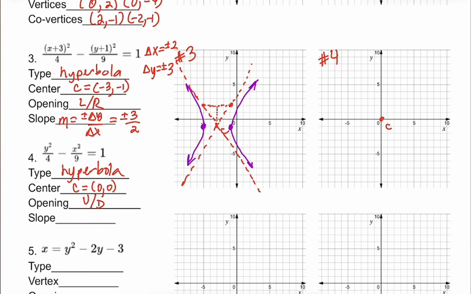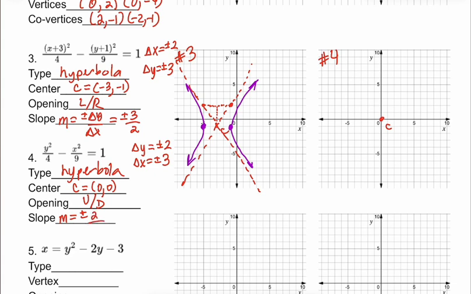Let's do our slope. Under the y is a 4, so that's plus or minus 2. Under the x is a 9, so the square root of that is plus or minus 3. So our slope is always the change in y over the change in x. Under the y was a 4, so that's why the 2 goes on top.